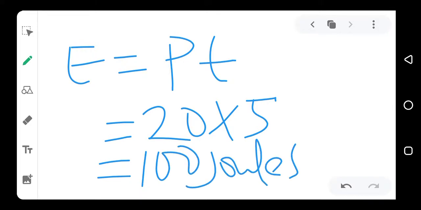So the value of energy from this is equal to 100 joules. This is how to calculate energy using the relationship between energy, work, and power. That is all we have in this lesson. We have shown you how to calculate potential energy, how to calculate kinetic energy, and how to calculate energy using the relationship that exists between work, energy, and power.